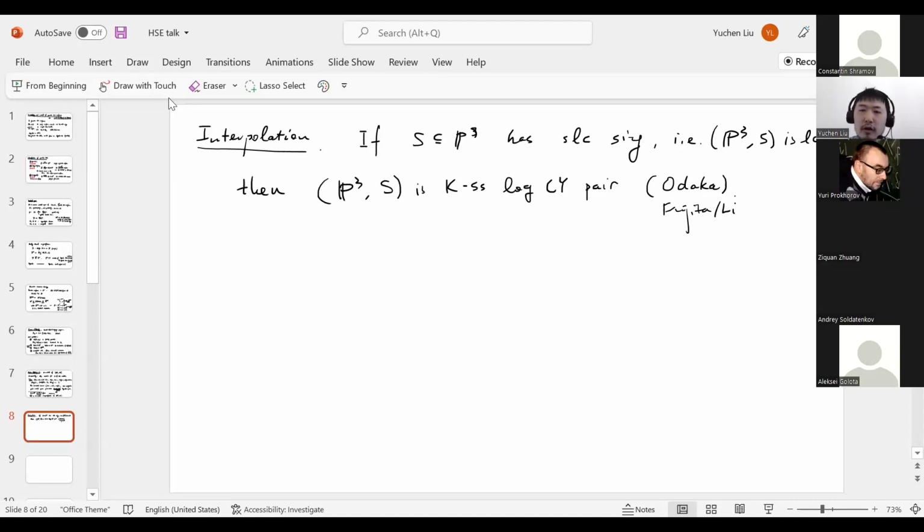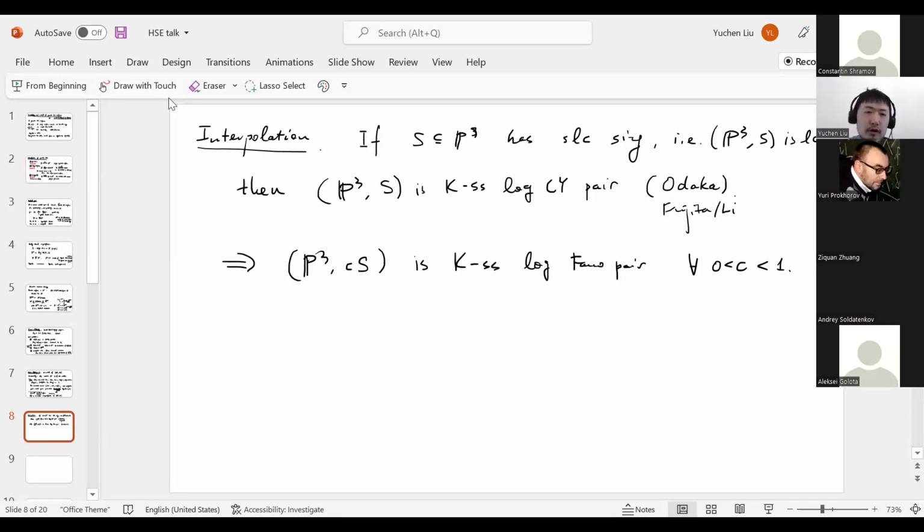And moreover, by interpolation, we know that (P^3, cS) will always be a K-semistable log Fano pair for every c between 0 and 1.